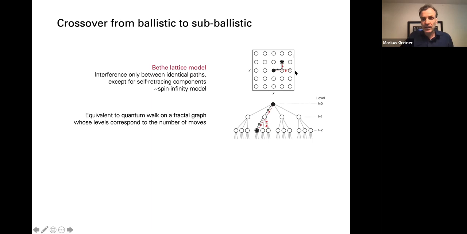And so essentially, if you start on one side, every single path is distinguishable, and you go down this fractal graph essentially to the final location.